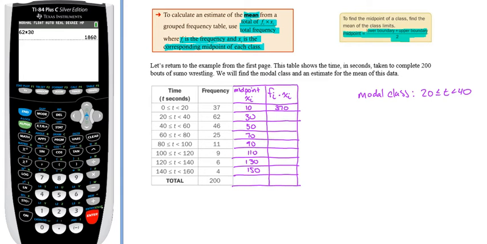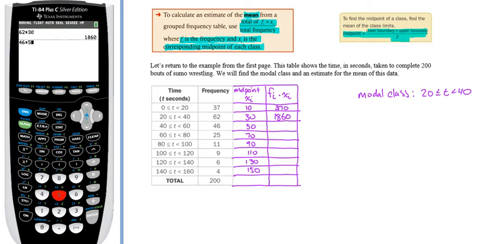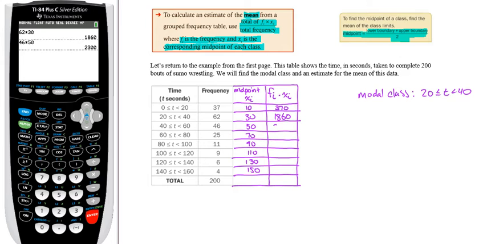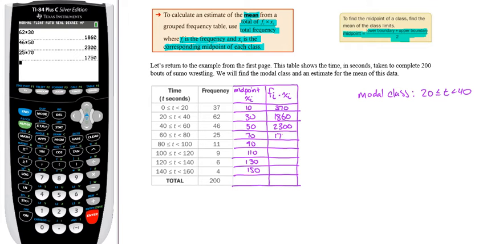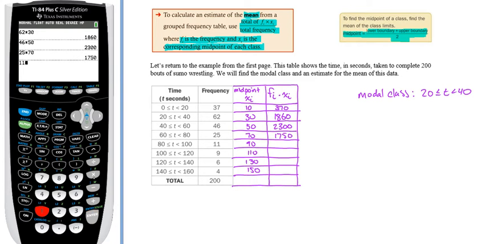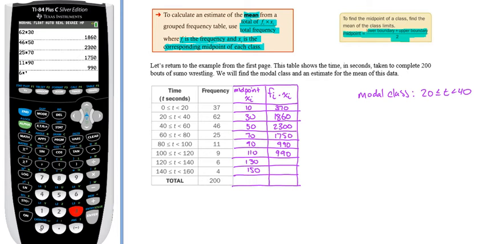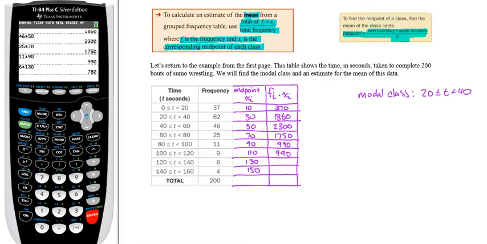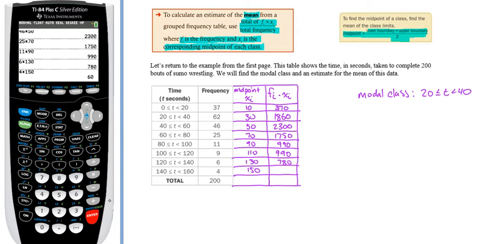So 62 times 30, 46 times 50, which is 2300, 25 times 70, 11 times 90, 9 times 110, which is going to be the same thing, 6 times 130, and 4 times 150 should be 600.